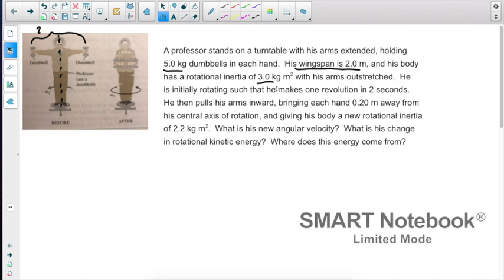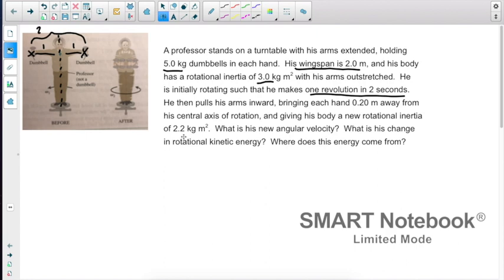And that's just for his body. We have to think about the fact that that does not include these extra masses he's holding out here. So his body itself, with respect to this central axis, has a rotational inertia of 3. But these dumbbells probably add something to that because these dumbbells add extra masses that are 1 meter each away from the axis of rotation. And he's initially rotating such that he makes 1 revolution in 2 seconds.